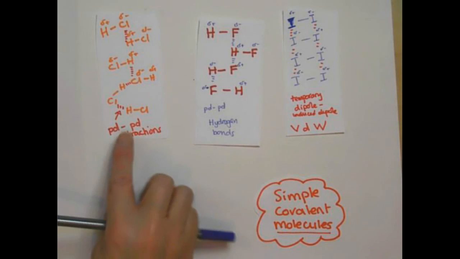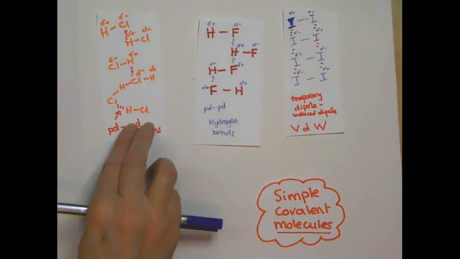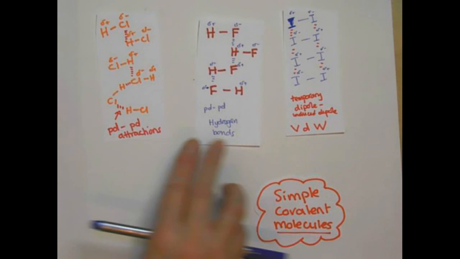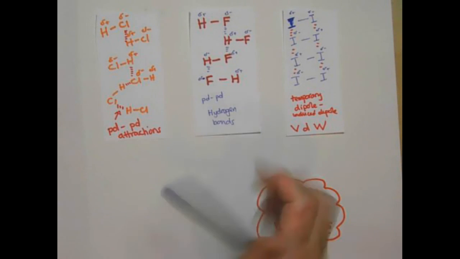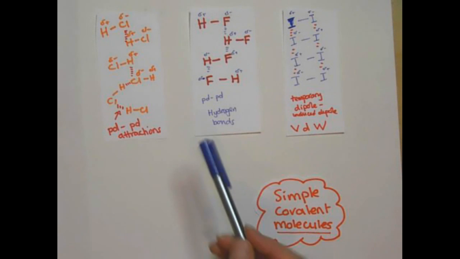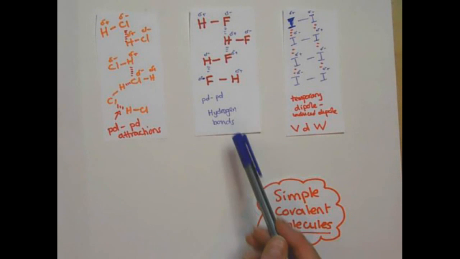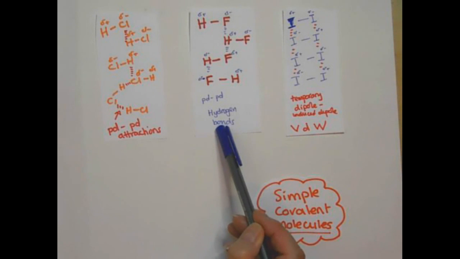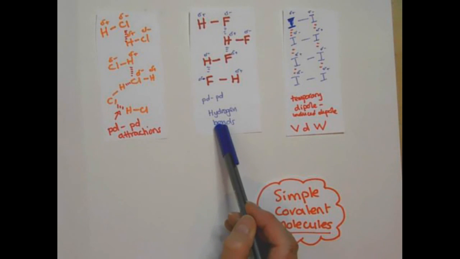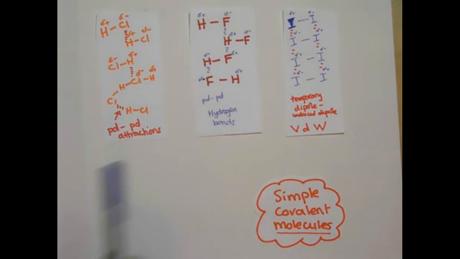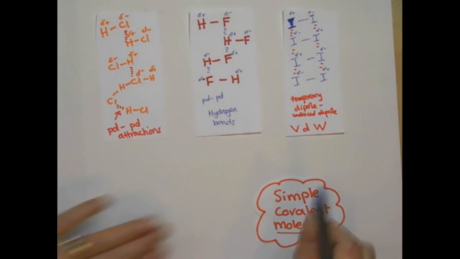So we'd expect to put a little bit of effort into being able to break those. Whereas here in hydrogen fluoride, we've still got permanent dipole attractions, but we've also got hydrogen bonding. So we know that with this, we've got particularly strong bonds, so it's going to take a lot more energy to break the bonds in hydrogen fluoride.